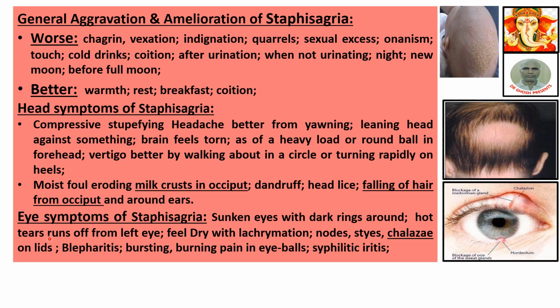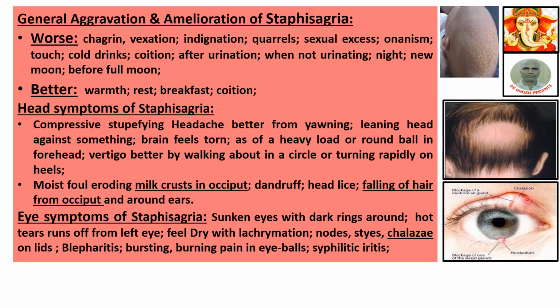Eye symptoms of Staphisagria: sunken eyes with dark rings around, hot air turns off from the left eye, feels dry and with lacrimation, nodes, styes, chalazia. Stye and chalazia are both seen along the lid.